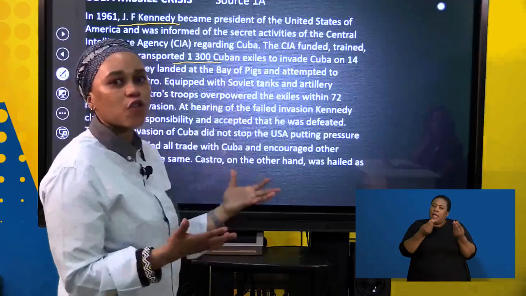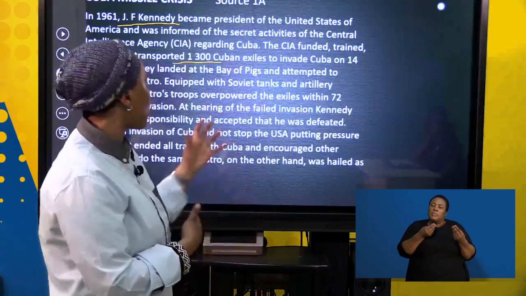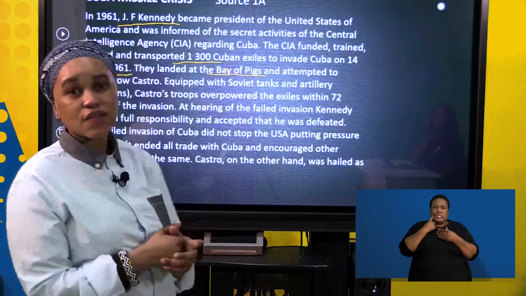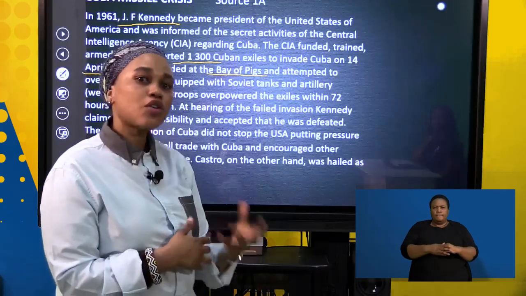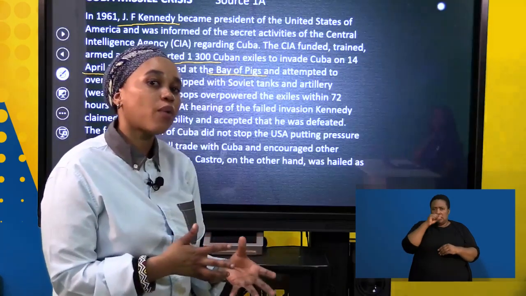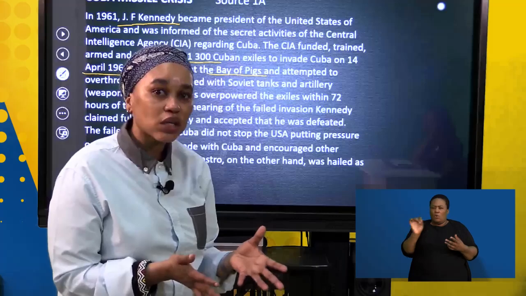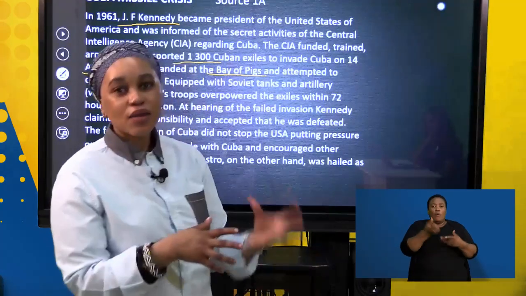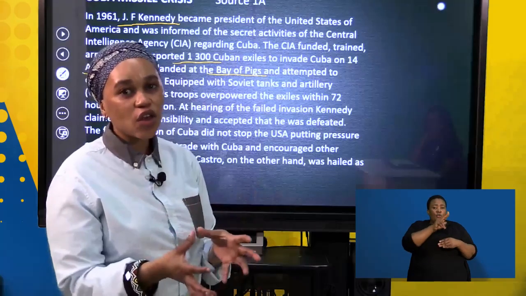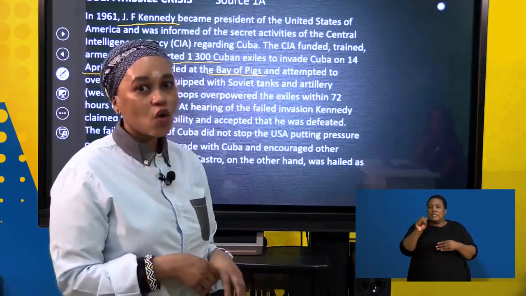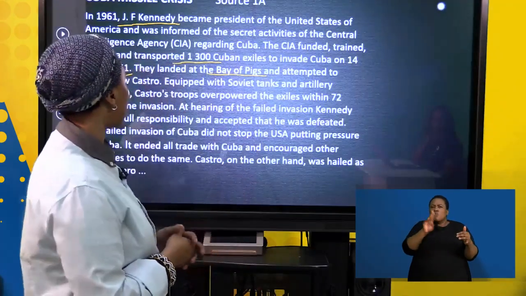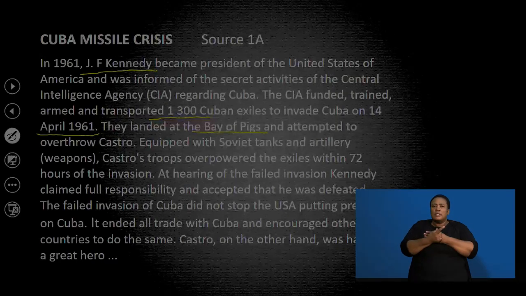They're very, very easy to spot when you go back to the source. And then the Bay of Pigs, that is also very important in the context because you don't know if there's going to be a question asking you about the Bay of Pigs invasion, what happened there. And that will help you understand why the United States and the USSR were fighting over Cuba. What was the importance of the Bay of Pigs incident? Those things are very, very important.